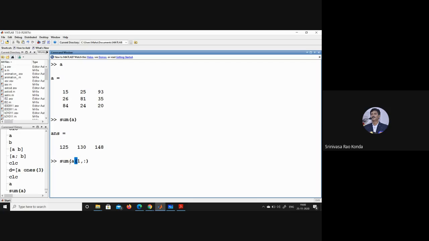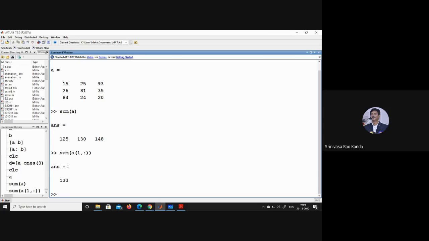This is the first row. I need column wise, first column.